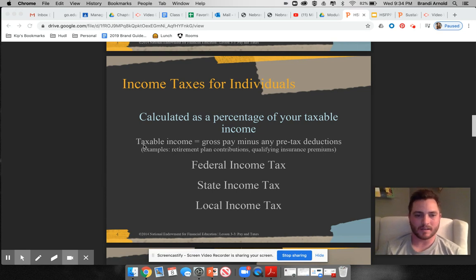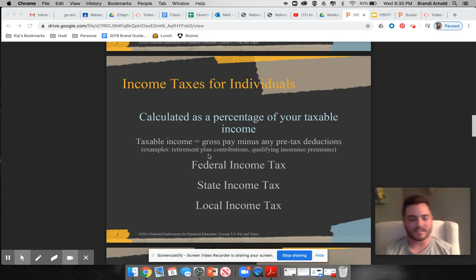So here it says taxable income is your gross pay minus any pre-tax deductions. So when you get paid someday, there might be some forms of your paycheck that can actually be deducted out before tax is taken out. A good example of this is retirement.